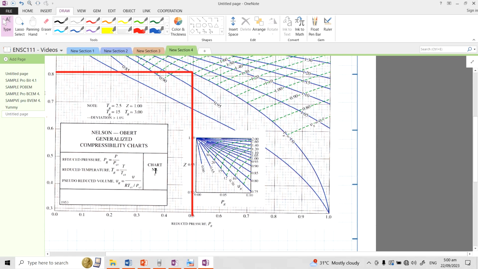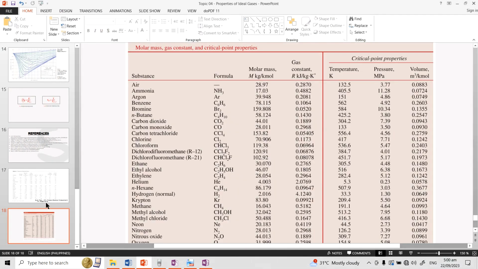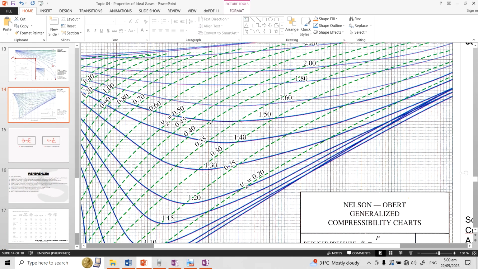You can't use chart number 1 because the range is only up to 1.0, so we'll be using chart number 2.